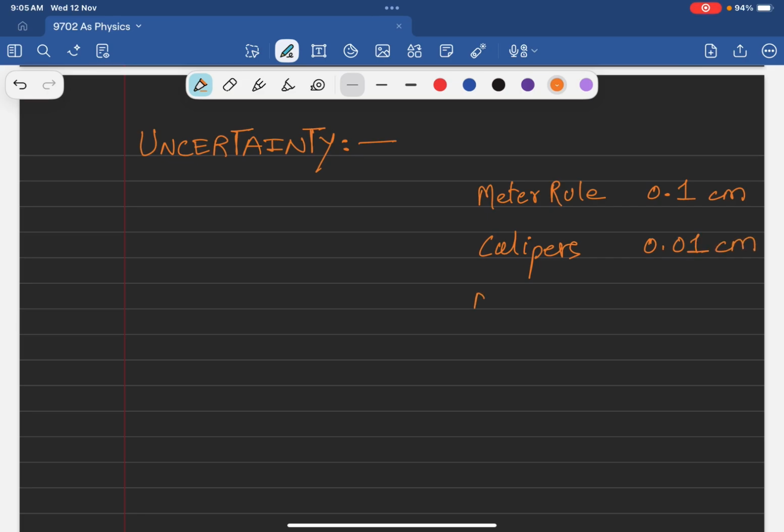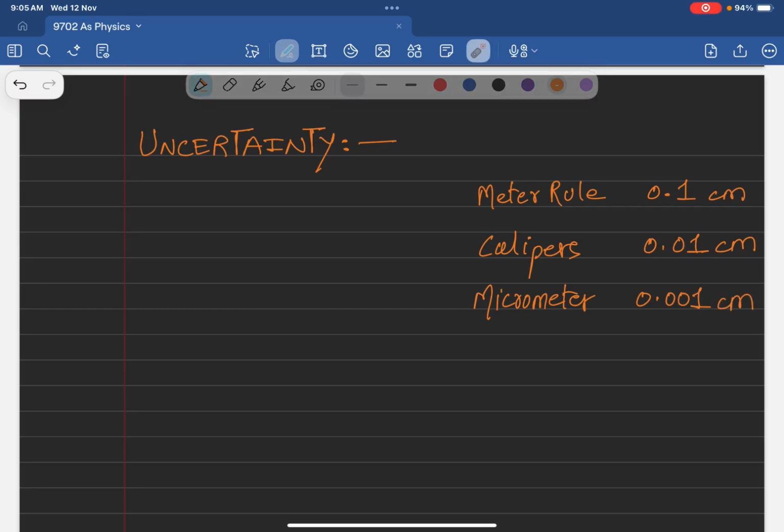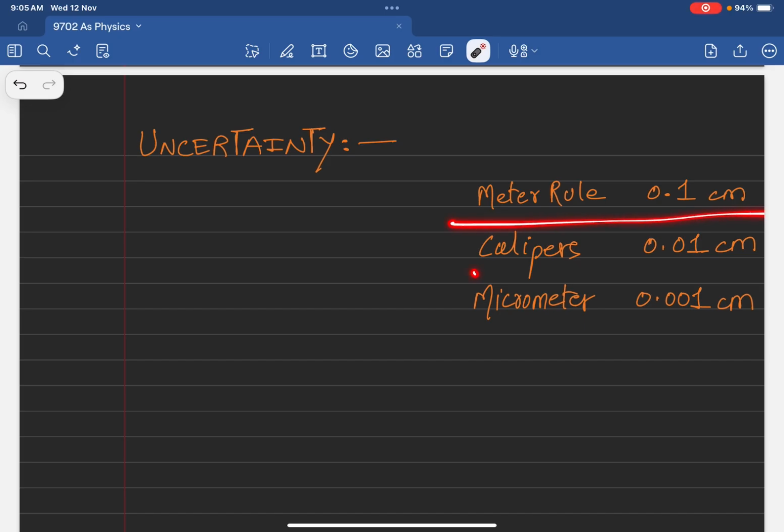And if you are using a micrometer, it can only measure up to 0.001 centimeter. So, no matter how good your instrument is or how good you are, there is a limit, and there is always a chance of error in your measurement.